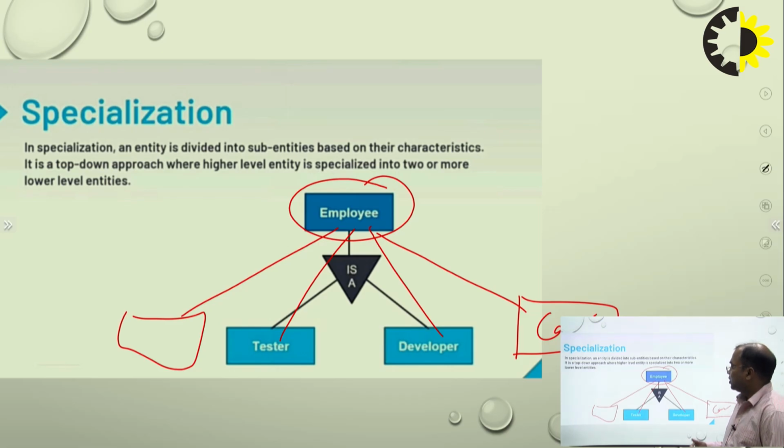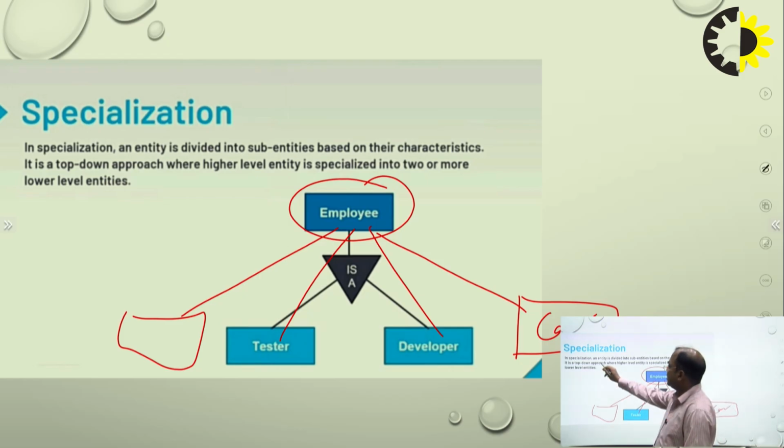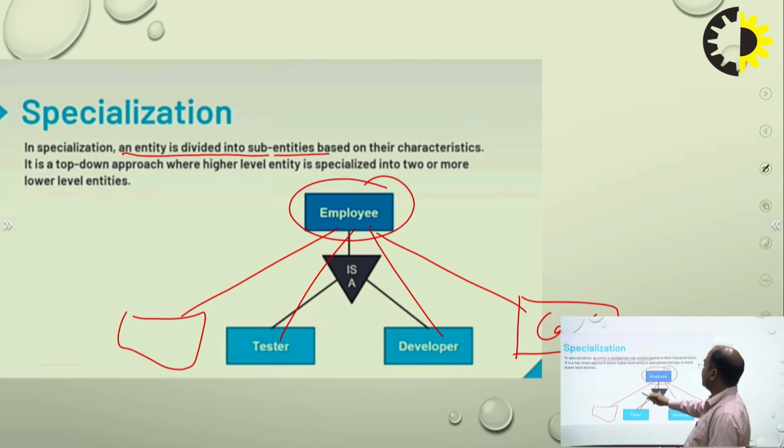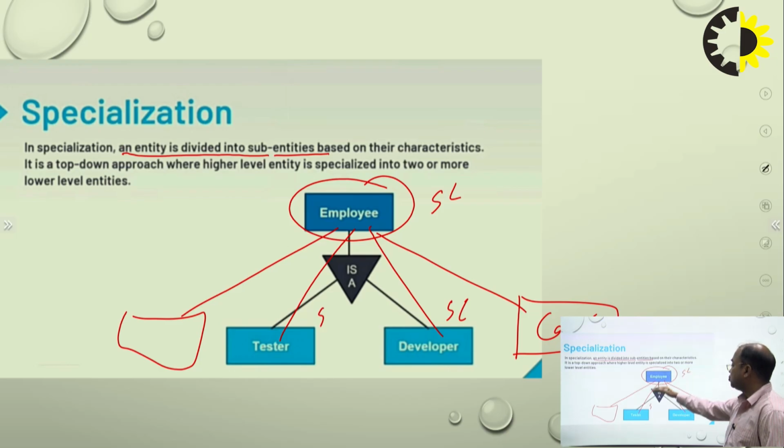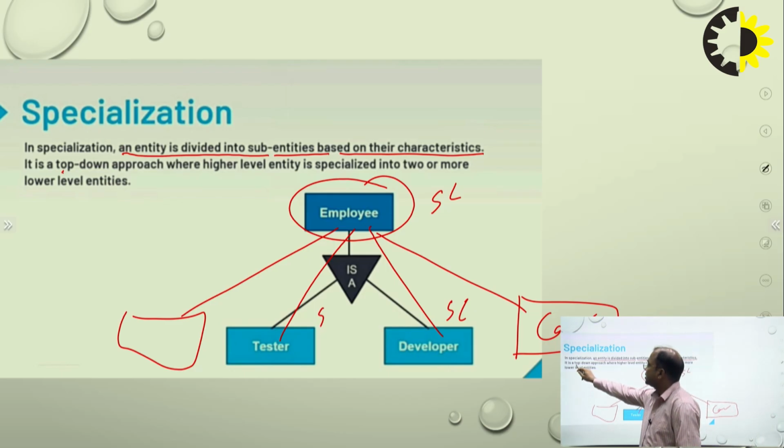As per the definition, in a specialization an entity is divided into sub-entities, meaning a superclass is divided into subclasses. So we divide the employee superclass into four subclasses based on their characteristics. The employee who does tester work belongs to the tester subclass. The employee who is a developer belongs to the developer subclass. So basically we start from the top.